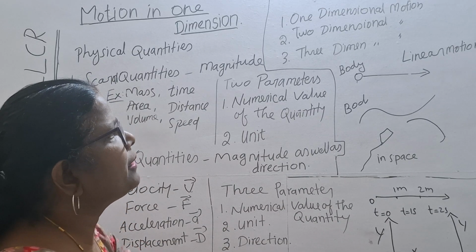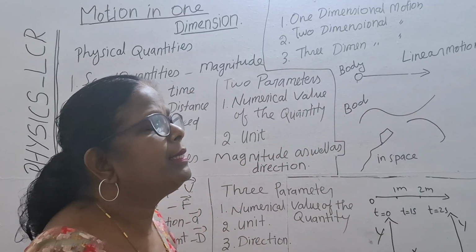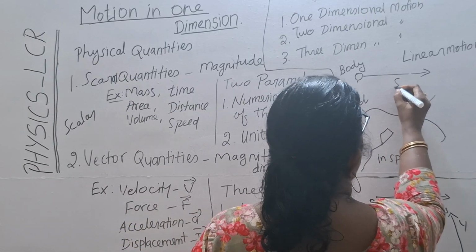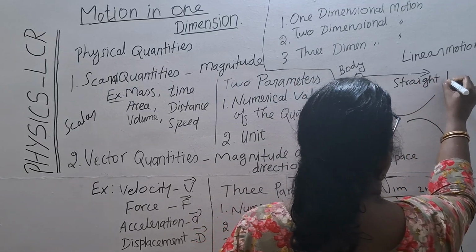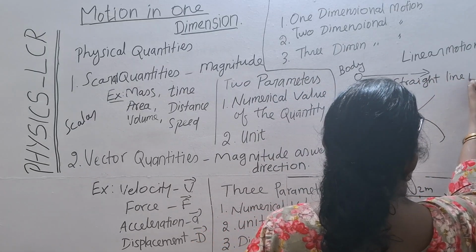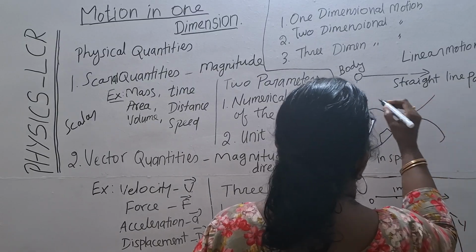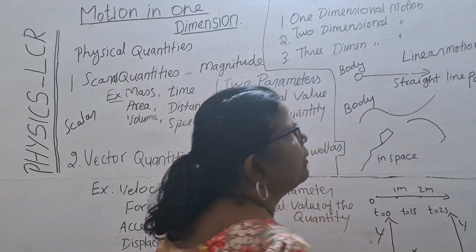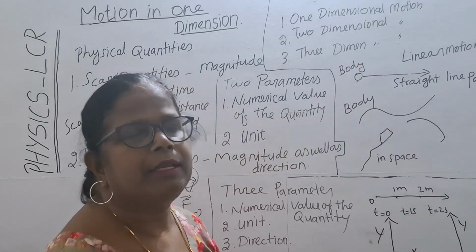What is 1-dimension motion? Body moves in a straight line path. This is called 1-dimension motion. Another name is linear motion.